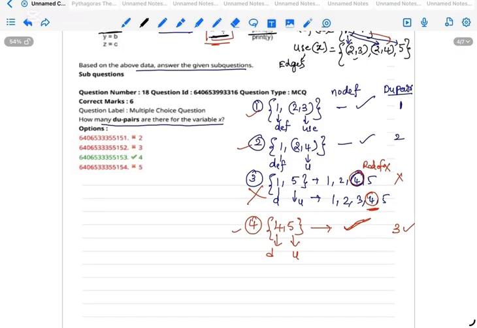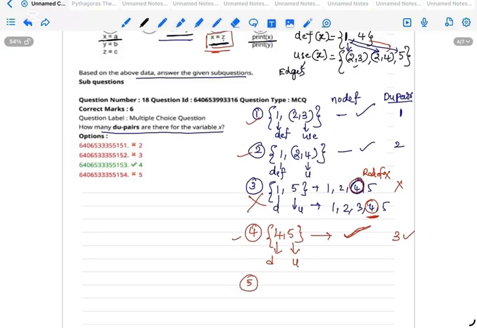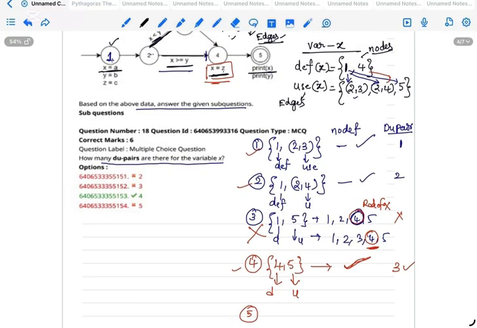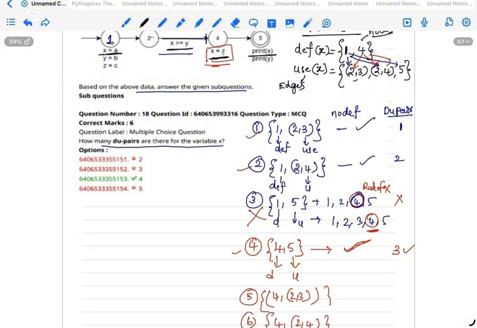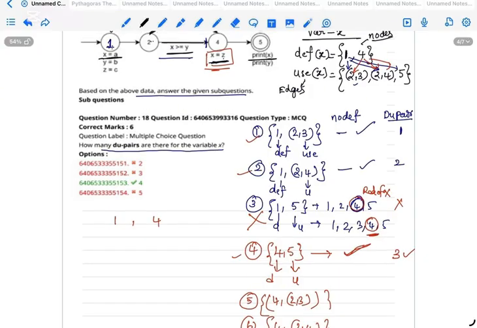The fifth one is 4 comma 2 3, and the sixth one is 4 comma 2 4. We are checking every pair, every combination, with the definitions at 1 and 4 and the uses at 2 3, 2 4 and 5.